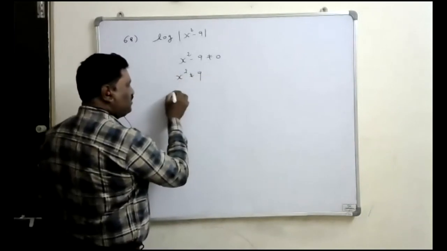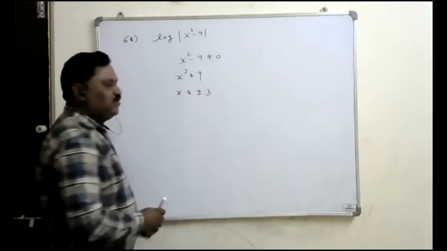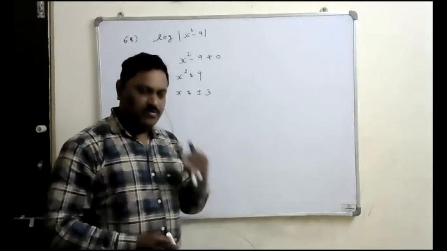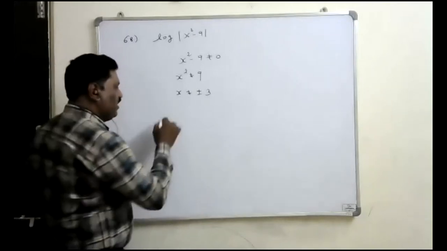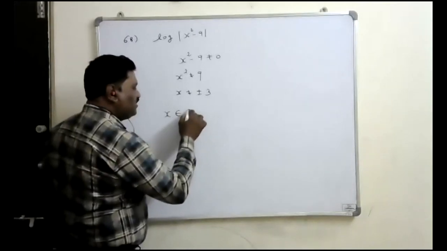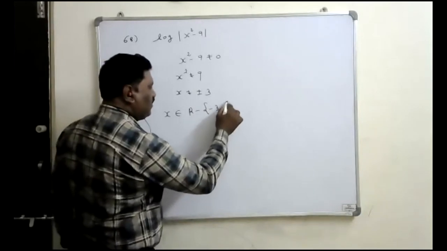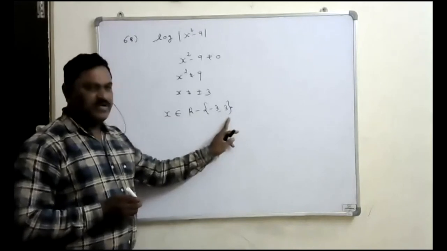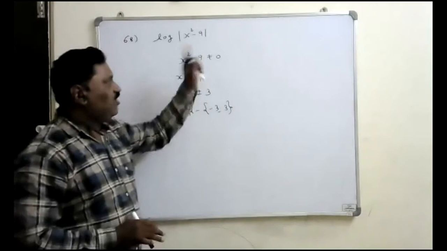Therefore x is not equal to plus or minus 3, meaning we should not take minus 3 and plus 3. We have to leave those two values. Remaining all the values we can take. That's why the domain is R minus {minus 3, 3}. From all the real numbers, subtract these two numbers. Remaining all the values we can take. That will be the domain.